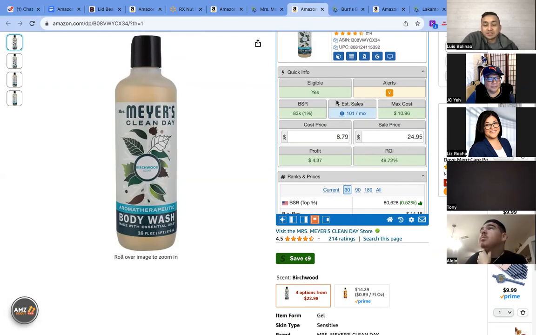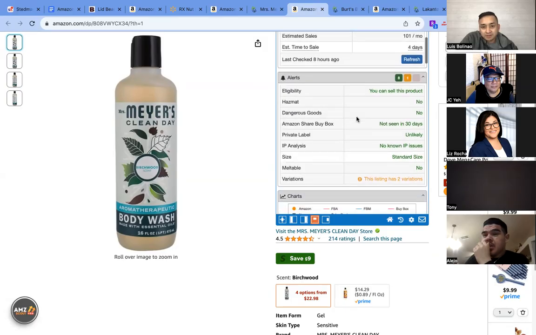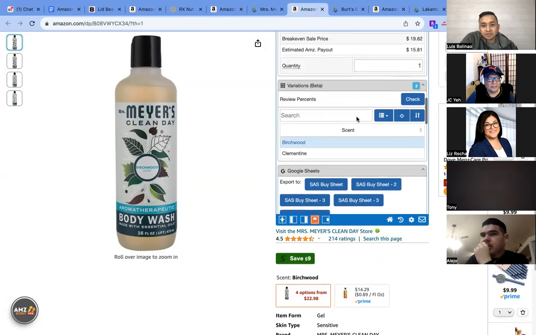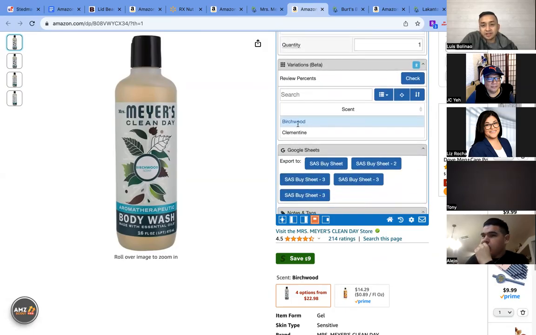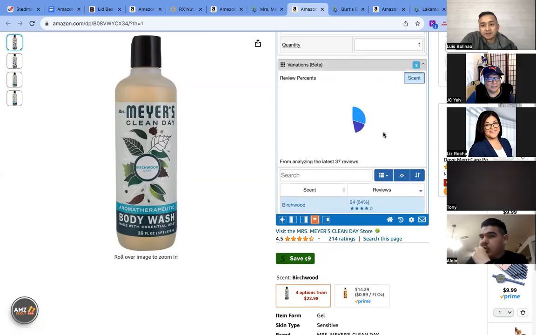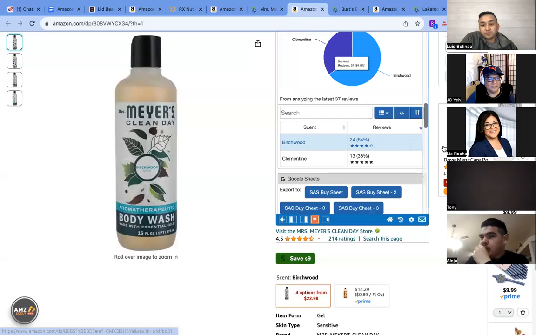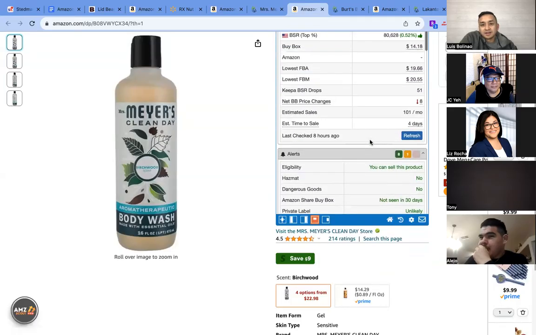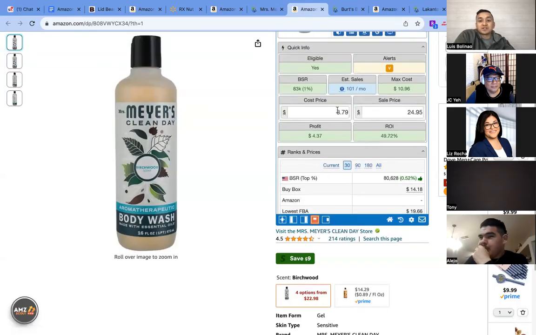It's selling at 100 times a month. And again, it's a variation, so now we've got to go deeper. You go to variations, click the variation, and click on check. This variation is selling at 64%, meaning we need to calculate 64% of this number, which is about 64 sales a month.